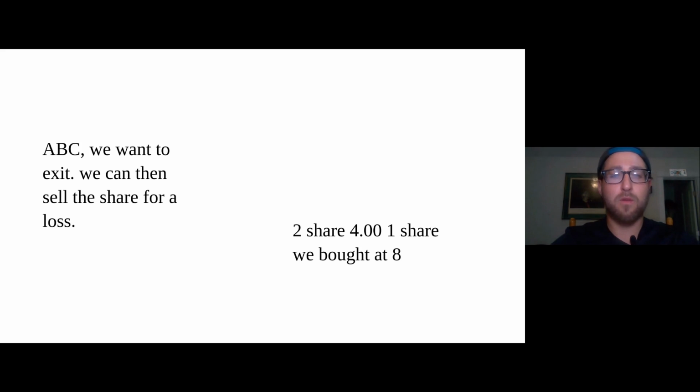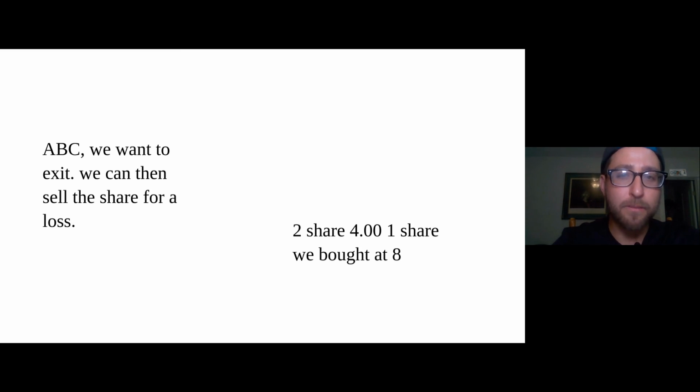So that's one way to exit the position. Or we hold and doubled down at the lower stock price. You're basically leveraging your position. We picked a point in time, we bought it for 8. It went down to $4. So we bought 2 shares at the $4, which equals our original 8. That allows us to do one of 2 different things.